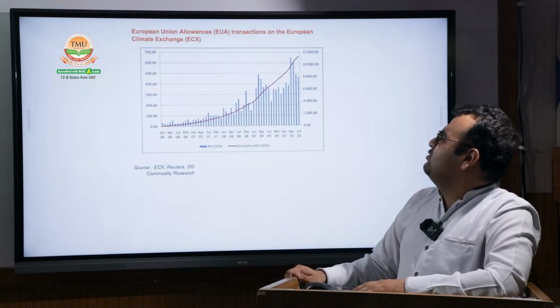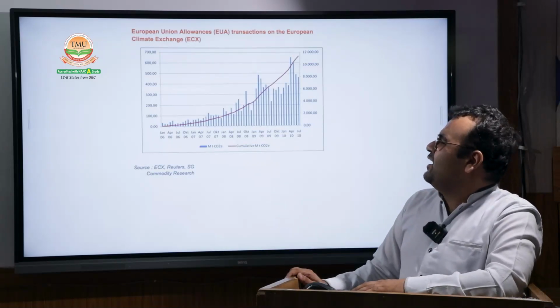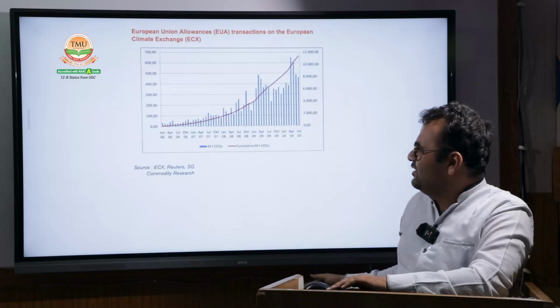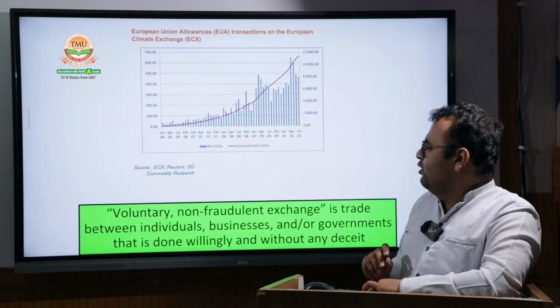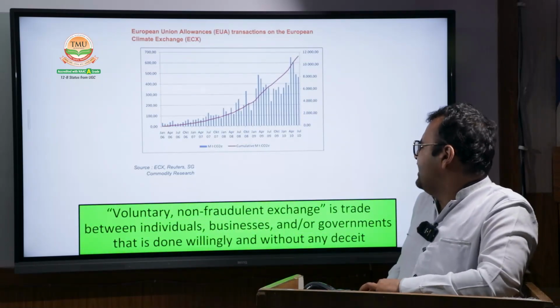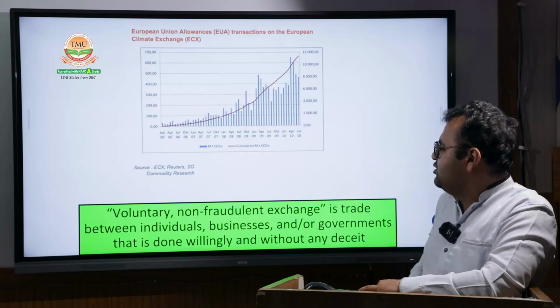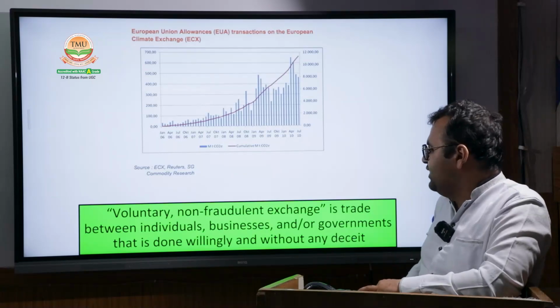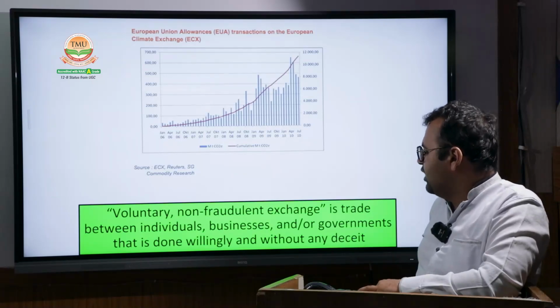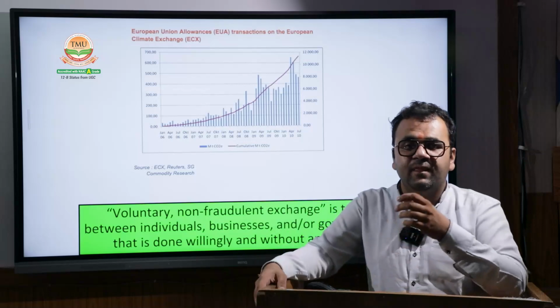The European Union allows transactions on the European Climate Exchange. This is the climate exchange. A voluntary non-fundamental exchange is a trade between individuals, businesses, or governments that is done willingly and without any deceit.